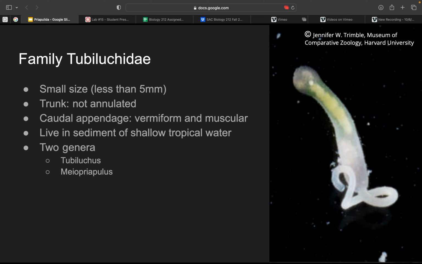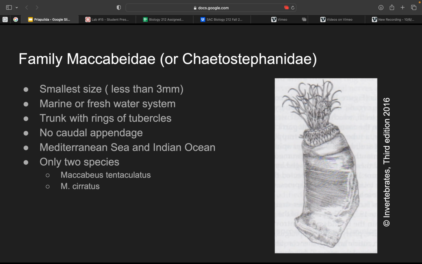The next family is Tubiluchidae. They are smaller in size. They have a trunk with no rings. They have a caudal appendage, vermiform and muscular. They live in sediment of shallow tropical water. And the last family, Maccabeidae, is also smaller in size.